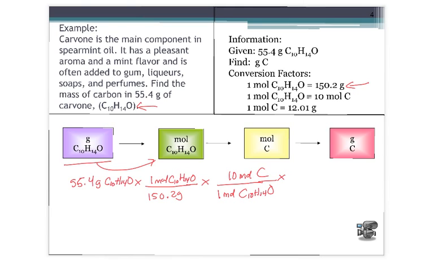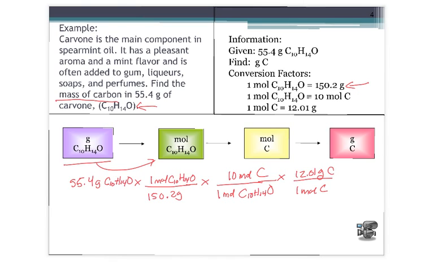Now, we want to go from moles to grams, because that's what we're asked to find, the mass of carbon, not the moles of carbon. So we say, okay, 1 mole of carbon will give us 12.01 grams of carbon.